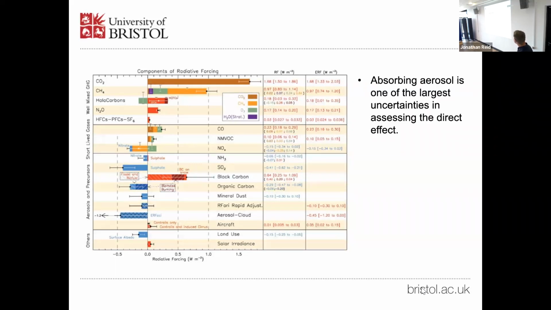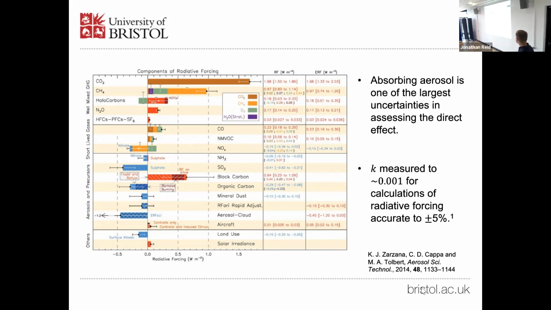And a lot of this uncertainty comes from the absorbing part of the aerosol. There have been studies saying that you need to know the imaginary refractive index to within roughly 0.001 for calculations of radiative forcing accuracy to plus or minus 5%, which would obviously be a nice improvement on the radiative forcings here. So we'll compare back to this value later at the end.